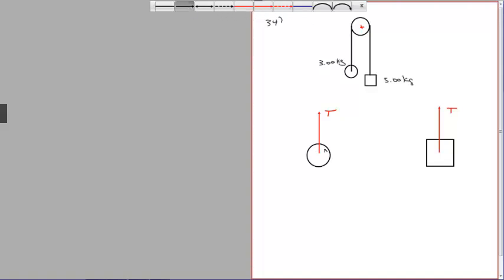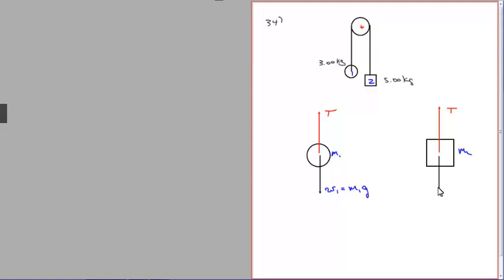And then we have two weights. We have a weight here, and we have a weight pulling down like that. So let's call this object 1. Call this object 2. I'm not going to call it T1 and T2 because they're the same thing. But we are going to have two different masses. We're going to have M1, and let's put that as the weight, W1.